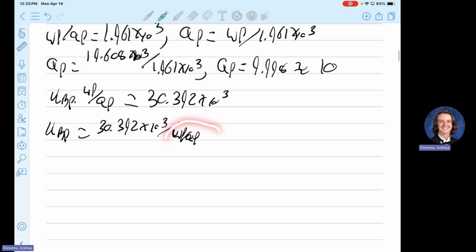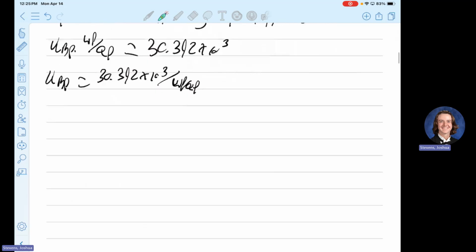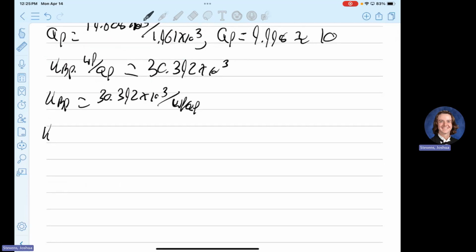Well, what is this value here in terms of what we've already looked at? The omega p over QP. Exactly. It's this term right here, because we said this term right here. So that means KBP equals 30.392 times 10 to the third divided by 1.961 times 10 to the third.